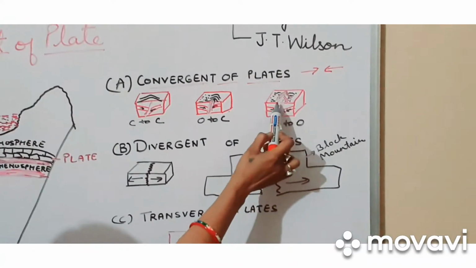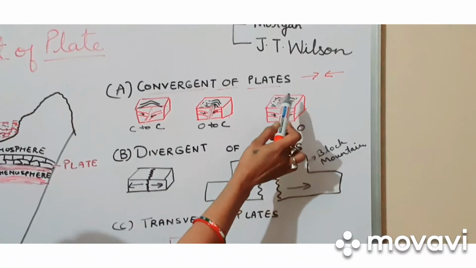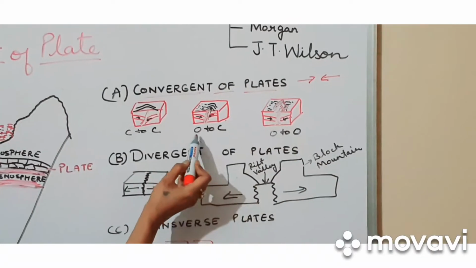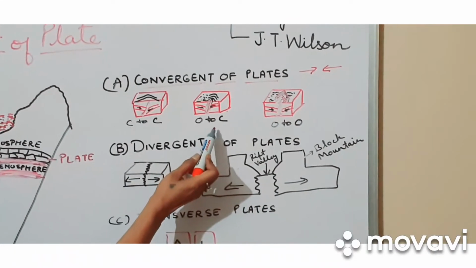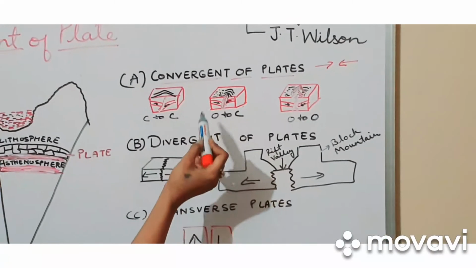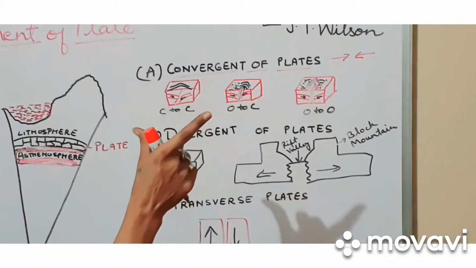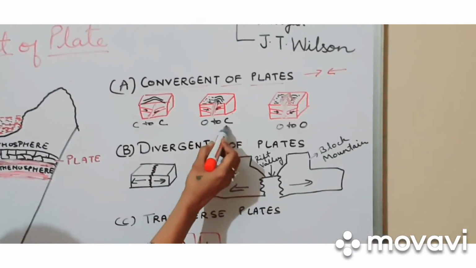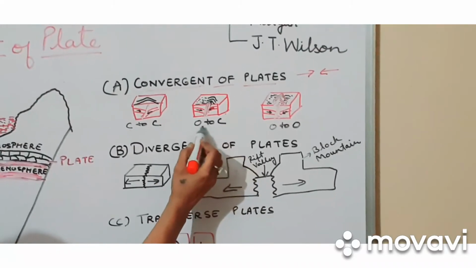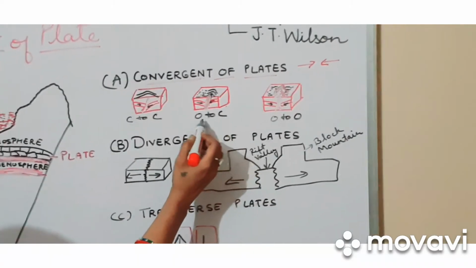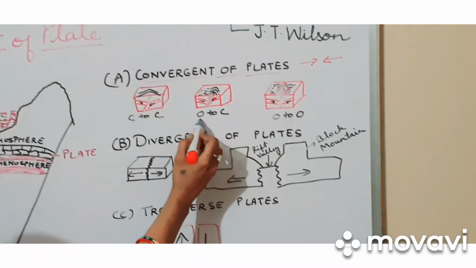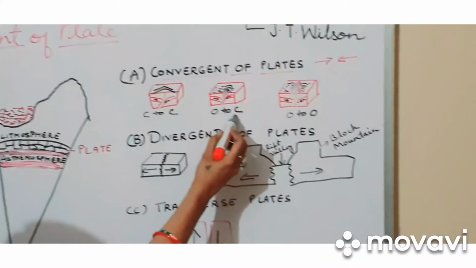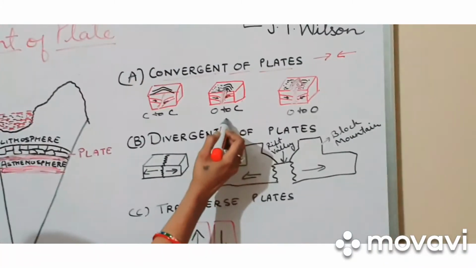In this condition volcanic arcs, islands, archipelagos and trenches are formed. For ocean to continent, an example is the Nazca Plate and South American Plate, where the Nazca Plate is oceanic and the South American Plate is continental. When these two plates collide, the Andes Mountains were formed.